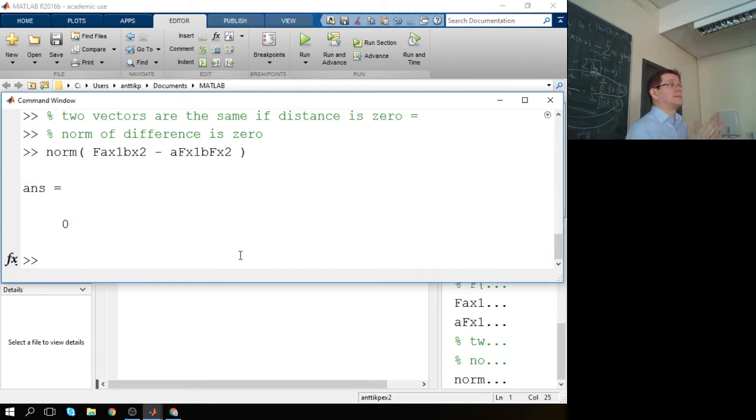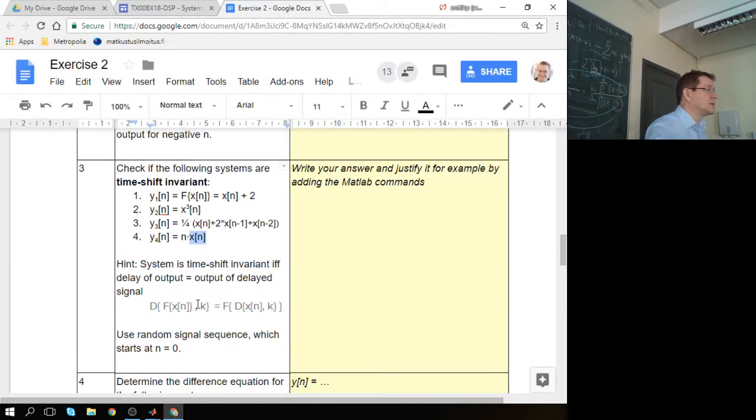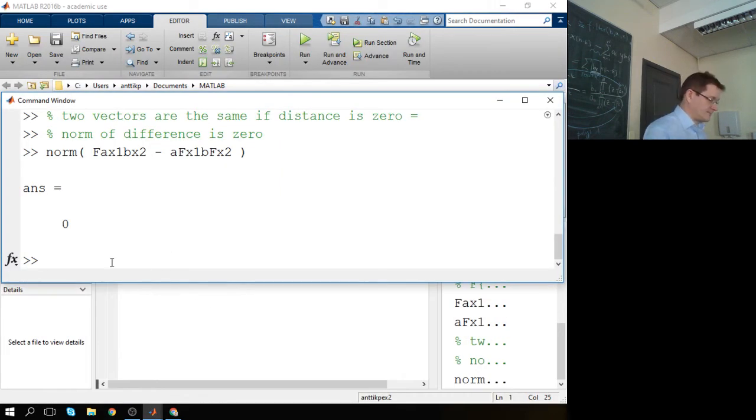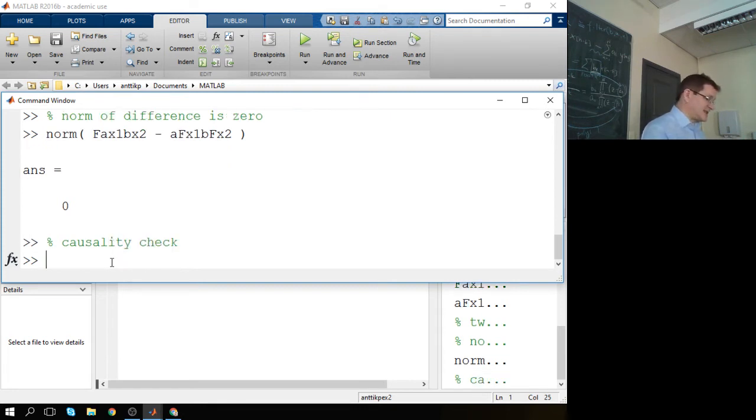Next part, how to check if this system is causal, not casual, but causality. The system is causal if there is no output before input.